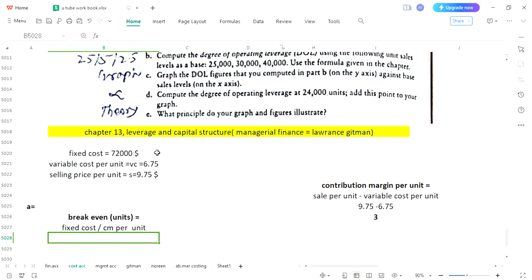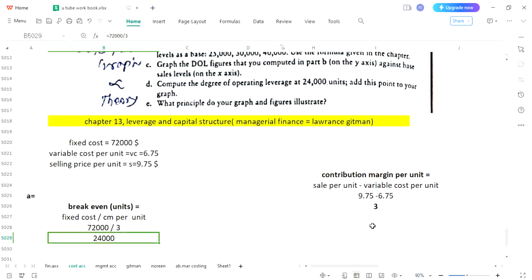Fixed cost is given in the question, 72,000, and we need to divide it by CM per unit, which has been calculated over here, 3. Statement is completed. Now we can put it on our calculator and we have got our first answer, that is break even in terms of units.